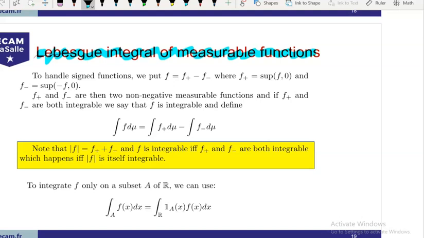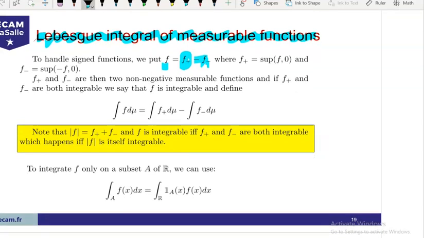We've shown that only for positive functions, and a common idea is that any function can be described as the sum of its positive part plus its negative part, where the negative values can be written as minus some positive function f minus, so that in the end, using linearity of the integral, we get this definition.